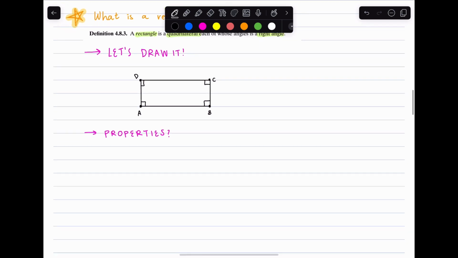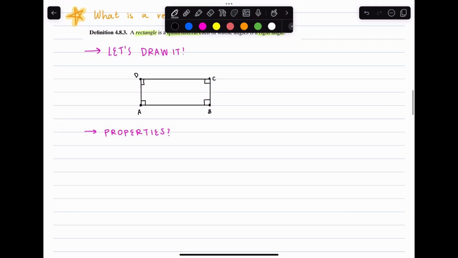Now let's look at some of the properties of a rectangle. Well, first we know that all 4 angles are right angles, but there's more to it. As you can see, we're going to be having parallel lines between the segments.